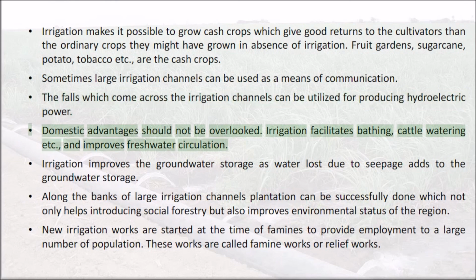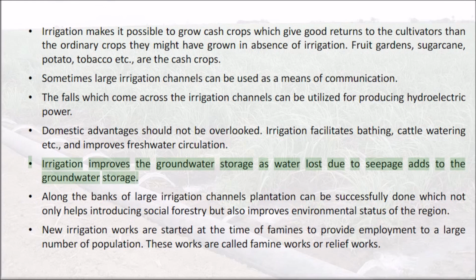Domestic advantages should not be overlooked. Irrigation facilitates bathing, cattle watering, etc., and improves freshwater circulation. Irrigation improves the groundwater storage as water lost due to seepage adds to the groundwater storage.